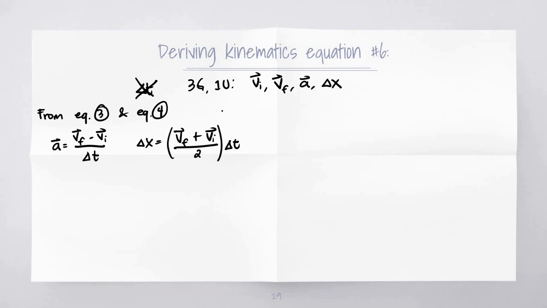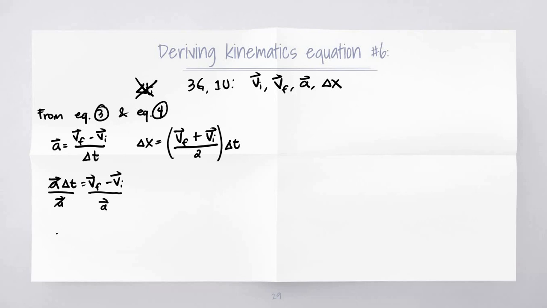So to do that, let's use equation number 3 and equate this formula to delta t. So let's cross multiply delta t to the other side. So this will become acceleration times delta t is equal to final velocity minus the initial velocity, and then divide both sides by acceleration.